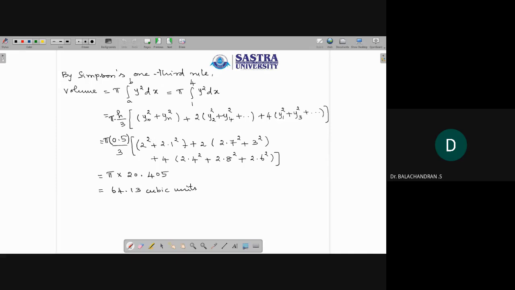From the table, you can write the values for y0, yn, y2, y4, y1, y3, and h is equal to 0.5. To simplify, you will get the answer 64.13 cubic units.